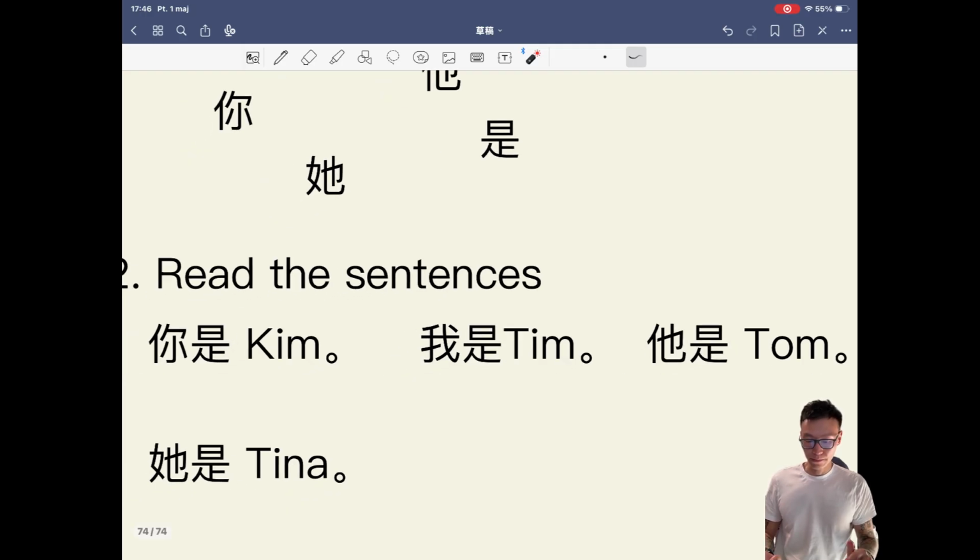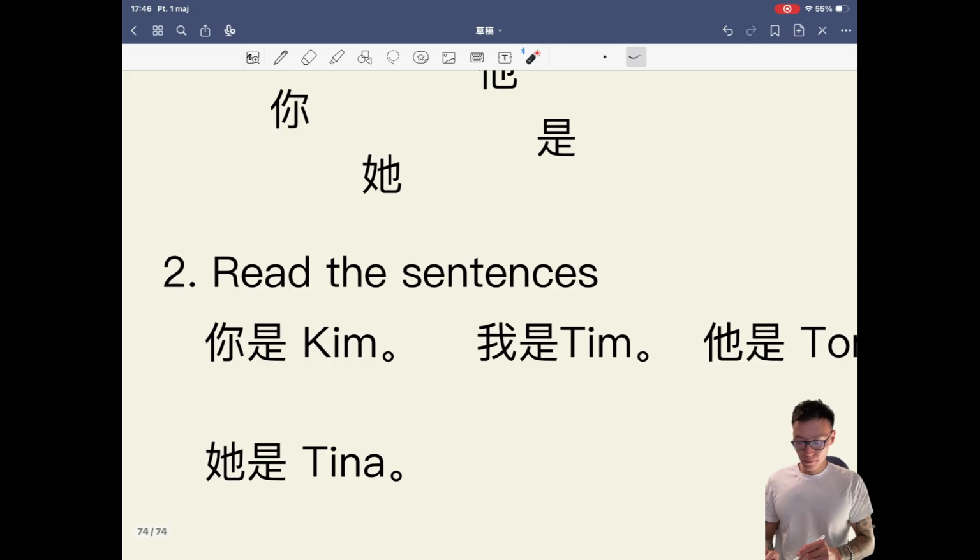He is Tom. Now the last one. 3, 2, 1. 她是 Tina. 她是 Tina. She is Tina.